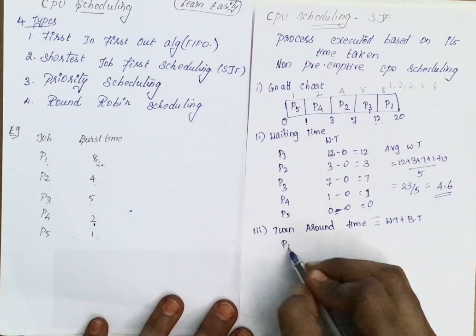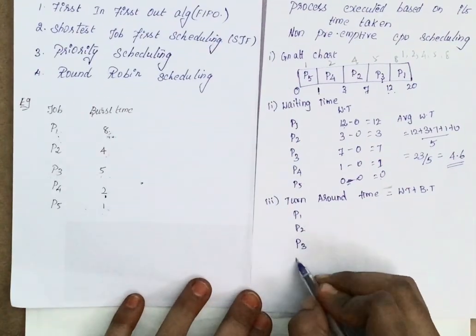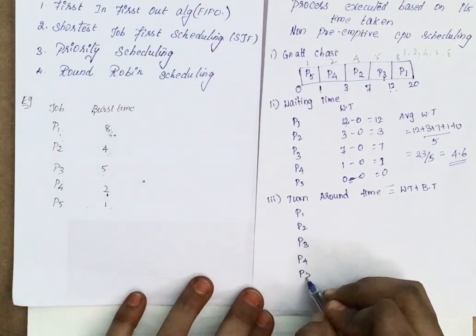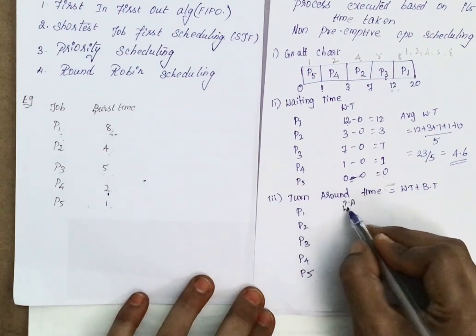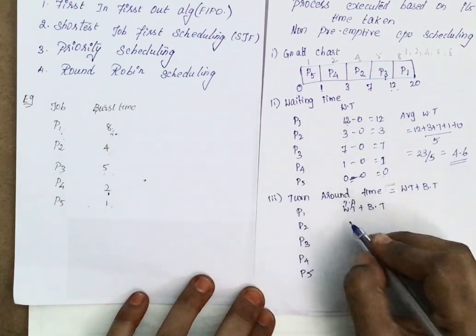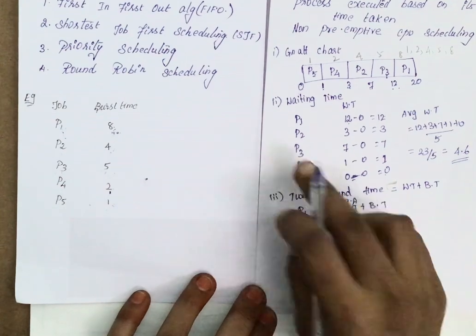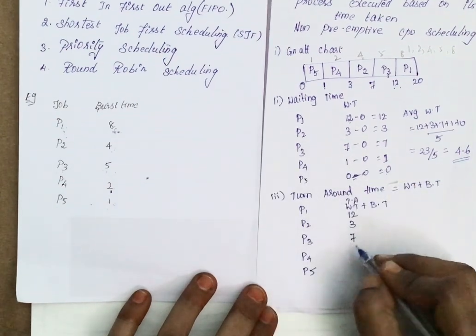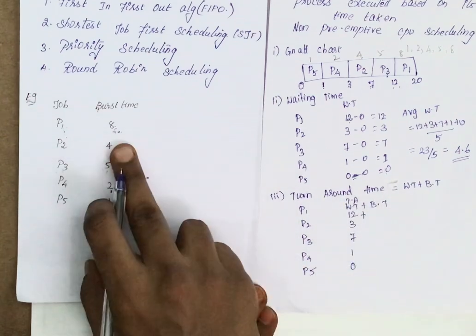So the processes are P1, P2, P3, P4 and P5. Turnaround time is waiting time plus burst time. P1's waiting time is 12, P2's is 3, P3's waiting time is 7, then 1 and 0. Then we add it with our burst time.